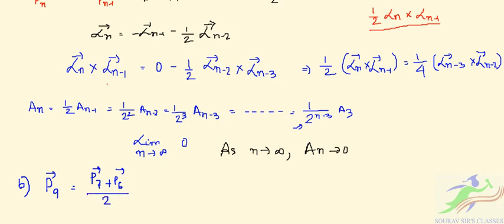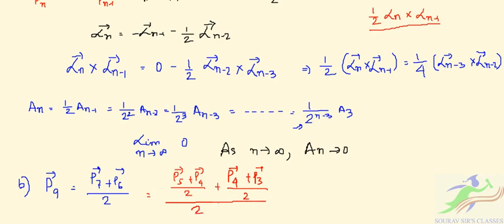P7 is the midpoint, P5 plus P4 by 2, and P6 will be, with n minus 2 and n minus 3, that is 4 and 3, P4 plus P3 by 2.